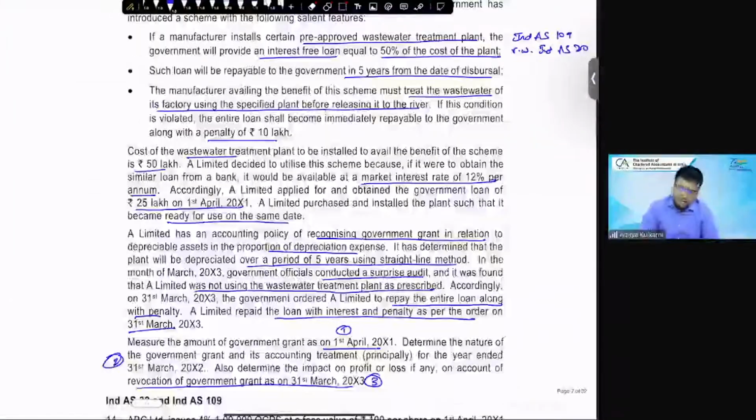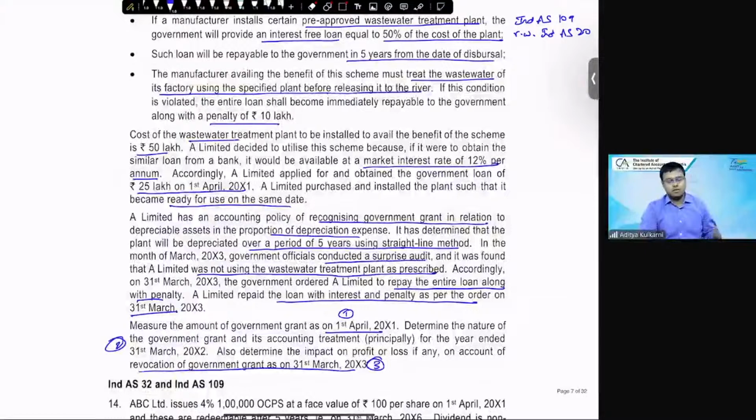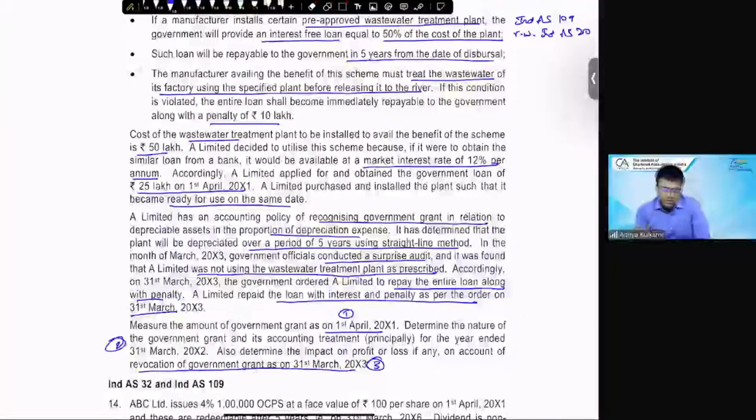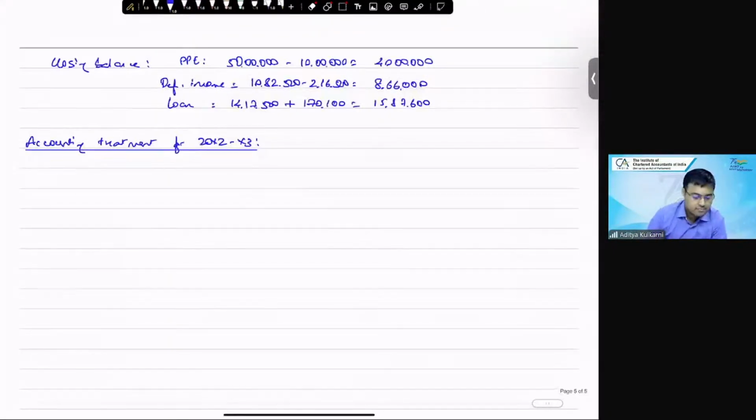In the month of March X3, a surprise audit was conducted, and the machinery was not used. So they have given an order on 31st March X3 to repay the loan and penalty, interest, etc., whatever is there. Okay, all right. So let us start in the next year.